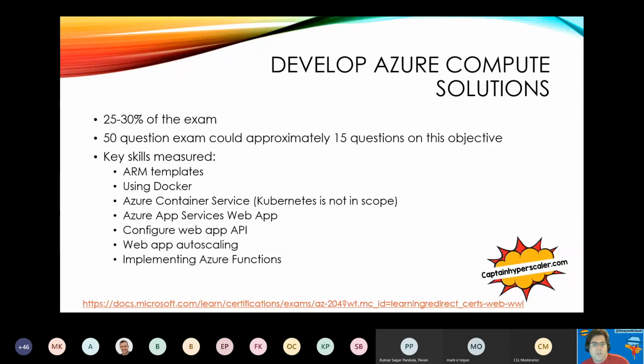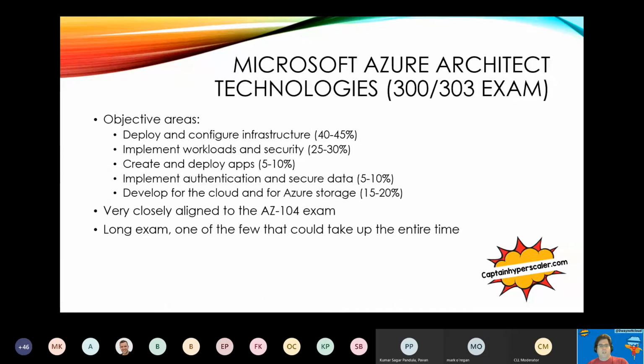So the first piece of the Azure Solution Architect exam is the exam for developing Azure Compute Solutions. Actually, I've got the rough, this is an old slide, sorry. Here's your exam. So the first exam is the Microsoft Azure Architect Technologies exam.